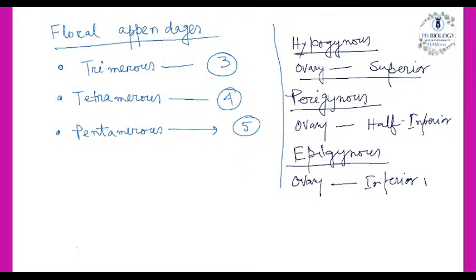So for the hypogynous flower, the example is, let's change the color, how do we remember this one? China rose. Perigynous, that is rose.